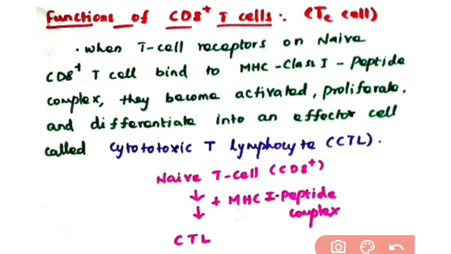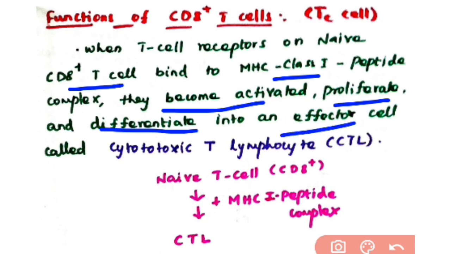Next, let's see about cytotoxic T cells. As we know, cytotoxic T cells express CD8 glycoprotein on the surface. When T cell receptors on naive CD8 plus T cells bind to MHC class 1 peptide complex, that is, the CD8 plus T cell binds with antigen in complex with MHC class 1 molecule, they become activated, proliferate and differentiate into an effector cell.